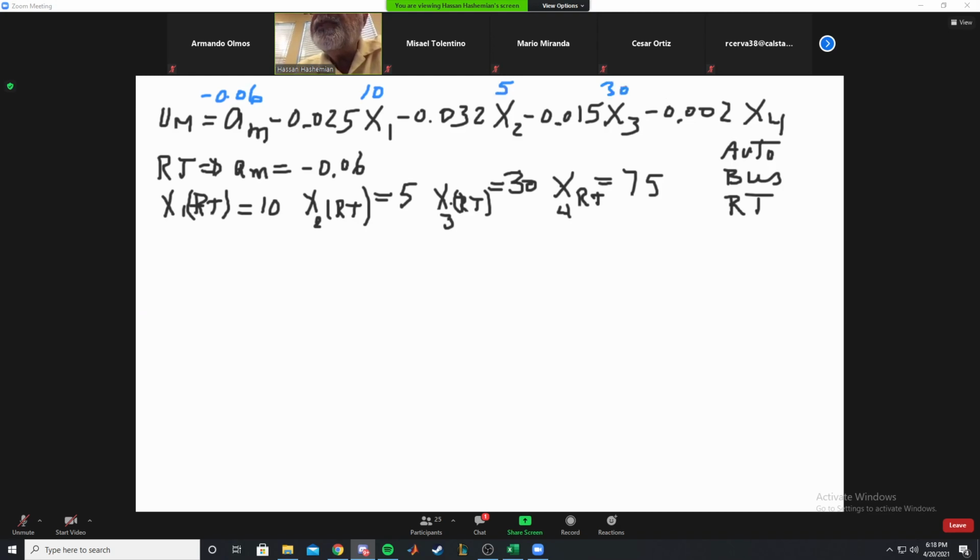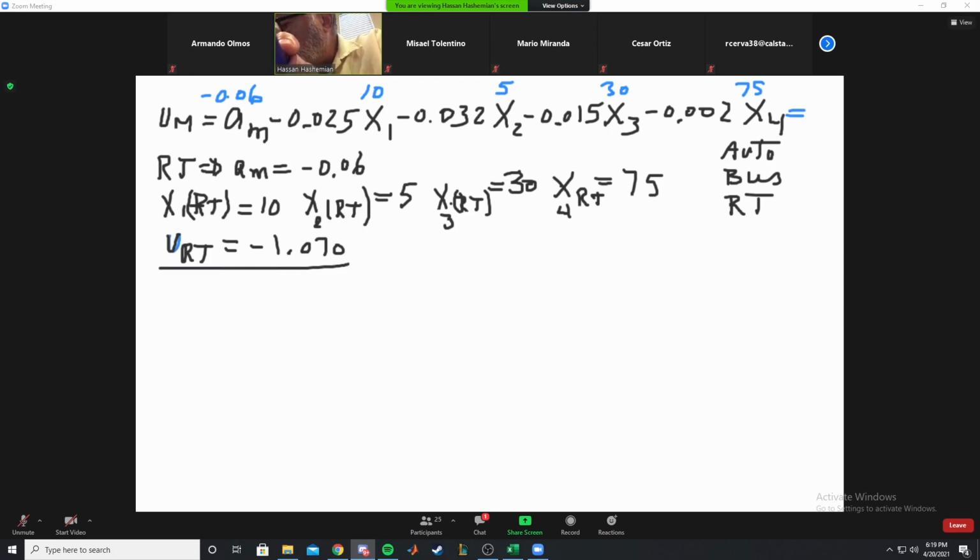And X4 you put 75. Okay, and then you do that calculation. After you multiply these numbers and add and subtract, the utility of rapid transit will be minus 1.070. So that will be the utility.